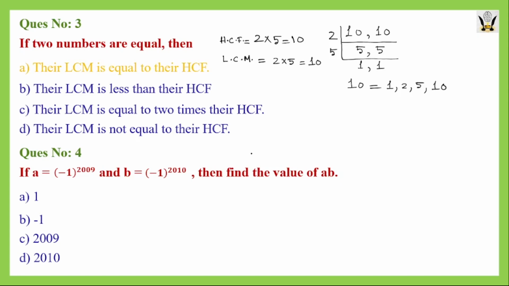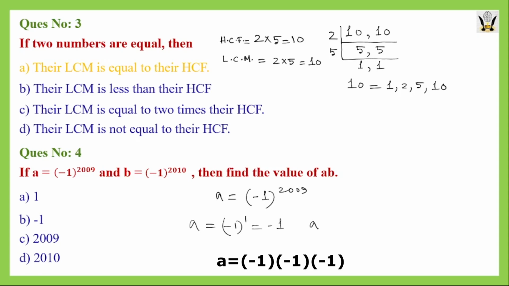Now problem number 4 says that A is equal to minus 1 to the power 2009. If we look at it this way, A is equal to minus 1 to the power 1, we know that value is minus 1. If we take A cube, that is also minus 1 multiplied by minus 1 multiplied by minus 1.